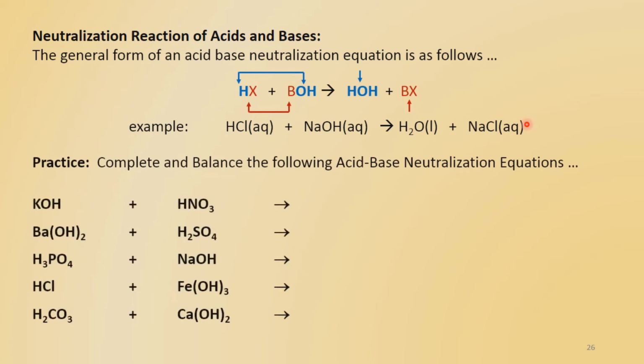Let's get some practice. Here we have potassium hydroxide and nitric acid. They are both mono-reacting. The KOH is a monobase and nitric acid is monoacidic, and so they react in a 1-to-1 ratio producing water and potassium nitrate.